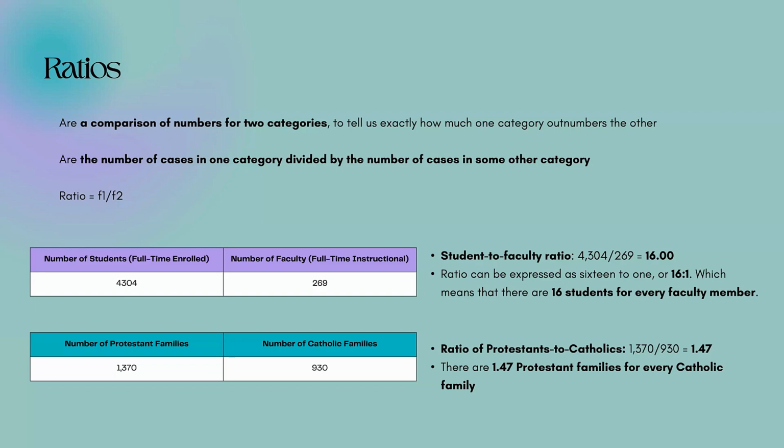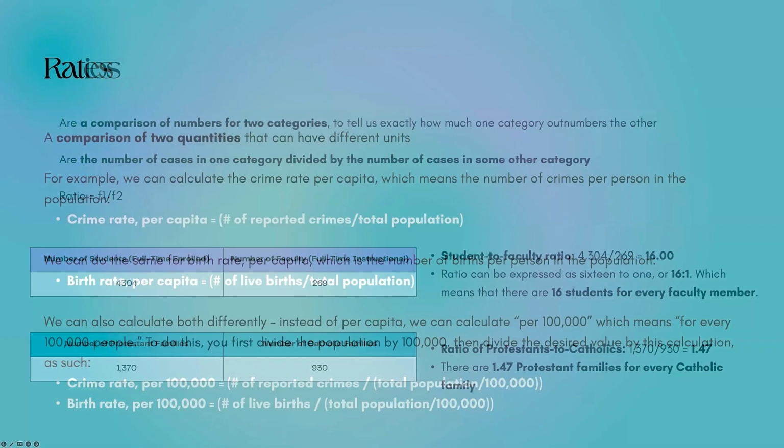The ratio of Protestants to Catholics would be 1370 divided by 930, which is 1.47. So this would mean there are 1.47 Protestant families for every Catholic family, right? Or 1.47-to-1. Another way of putting it.